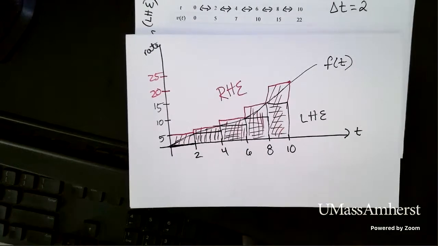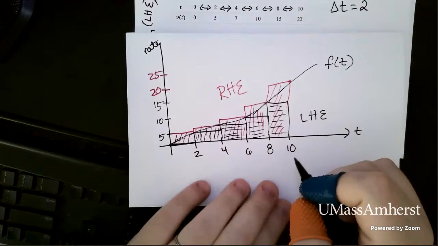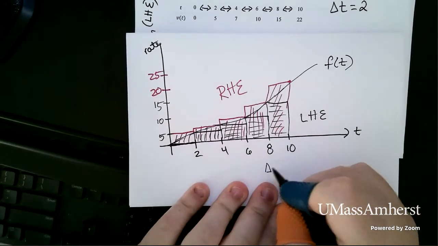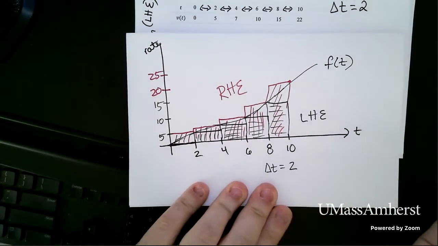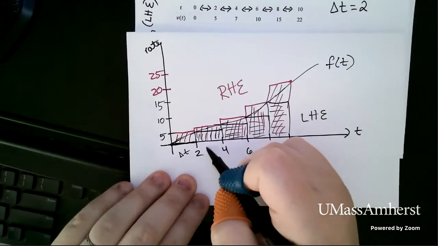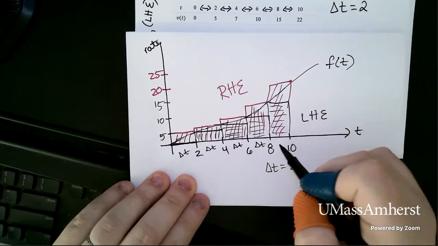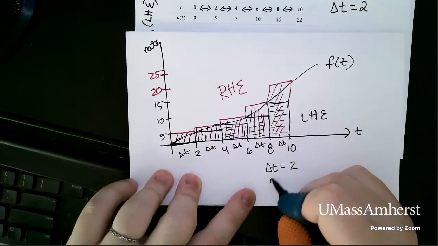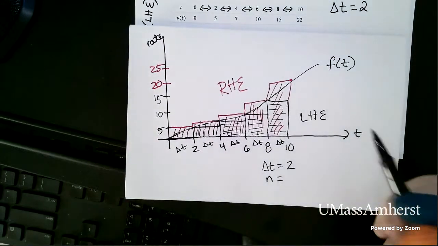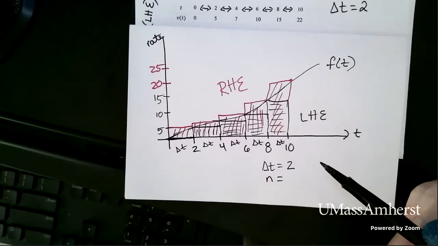So I want to introduce 2 other pieces of notation that we're going to see. We said that delta t equals 2 because we're counting by 2s. So this is delta t, this is delta t. These are all 2. Another thing that is going to be important to us is n. N is the number of intervals that we are using to approximate.